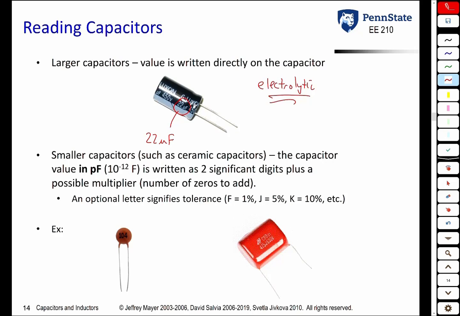One other thing that a lot of capacitors have is a voltage. This is called a maximum voltage rating. This is basically the highest voltage that they guarantee that that capacitor can be connected to without the capacitor exploding or burning up or failing.